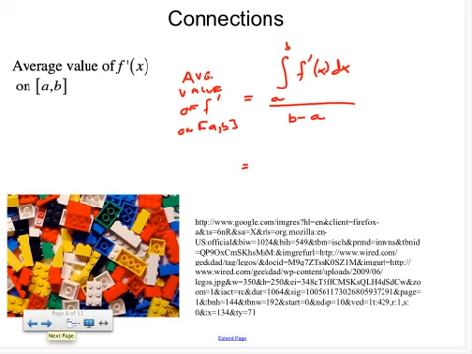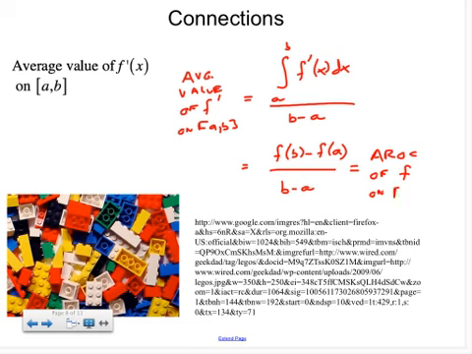Now, the fundamental theorem says that this numerator is going to be the same as saying f of b minus f of a. And look what you have. You have f of b minus f of a over b minus a. And up here it says that's the average value of f prime. But we know that this is also the average rate of change of f on the interval [a, b].